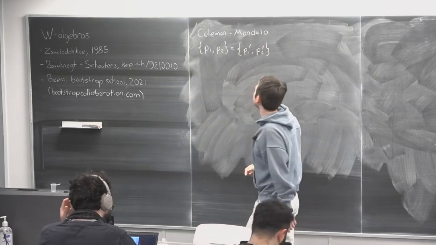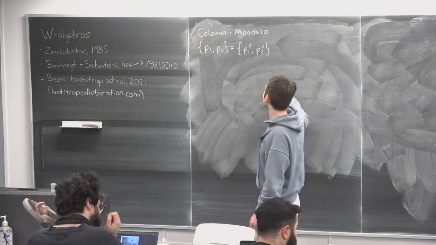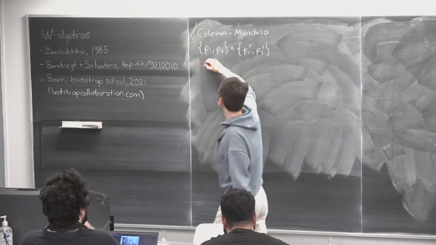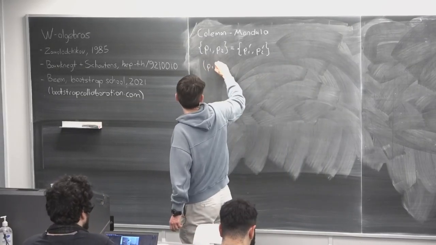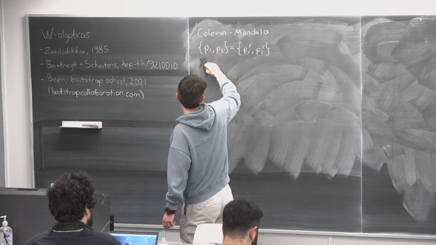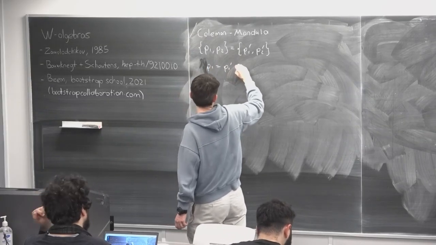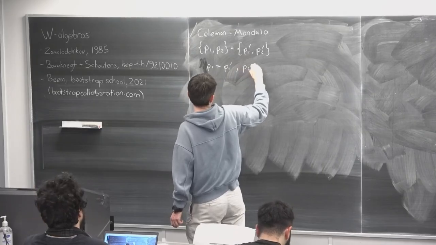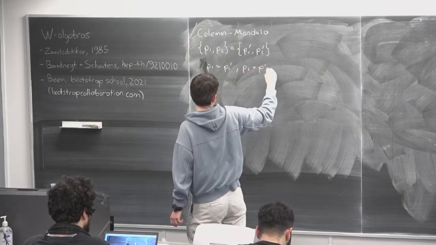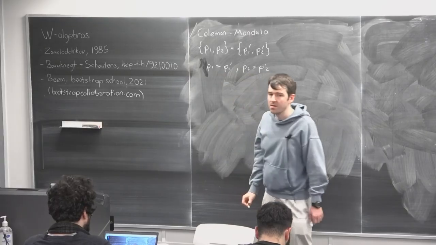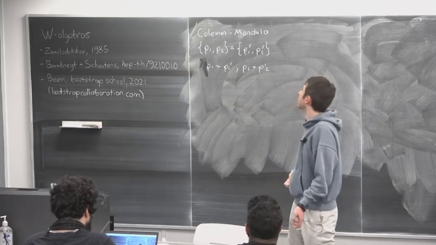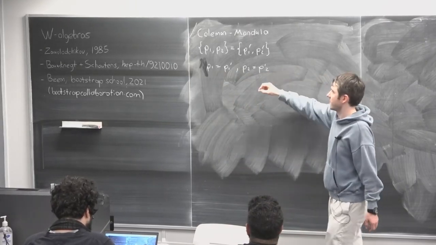And if you want to have analyticity in the scattering angle, then this implies that P1 and P prime 1 are equal, same with P2 and P prime 2. But in 1 plus 1 dimensions, there is no scattering angle, so this consideration goes out the window.